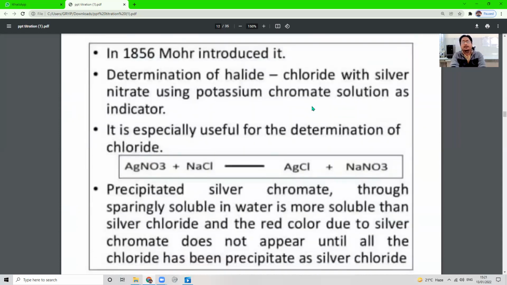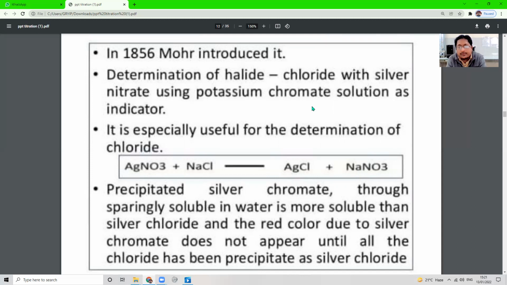In this method, the chloride reacts with silver nitrate, and here the indicator is potassium chromate. In this reaction, silver nitrate reacts with NaCl. NaCl is the analyte, and AgNO3 is the titrant, taken into the burette, and NaCl is taken into the conical flask. The AgNO3 and NaCl react to give AgCl, which is a precipitate, and NaNO3.